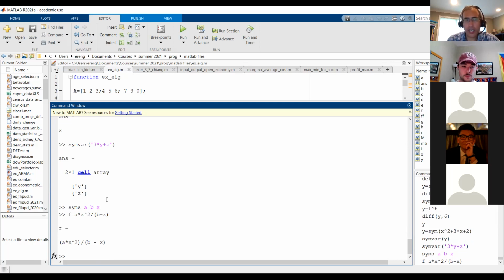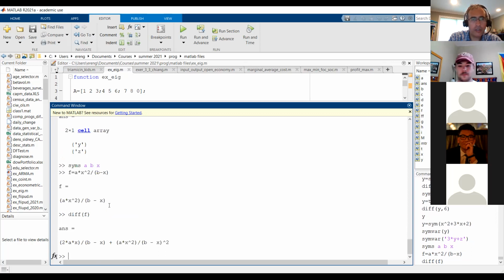Remember guys that a, b, and x are defined as symbols. Normally the default is going to be, let's do a diff of f, take a look. The default for MATLAB, guys, is x, y, and z in that order. X is first, y is second, and z is later.